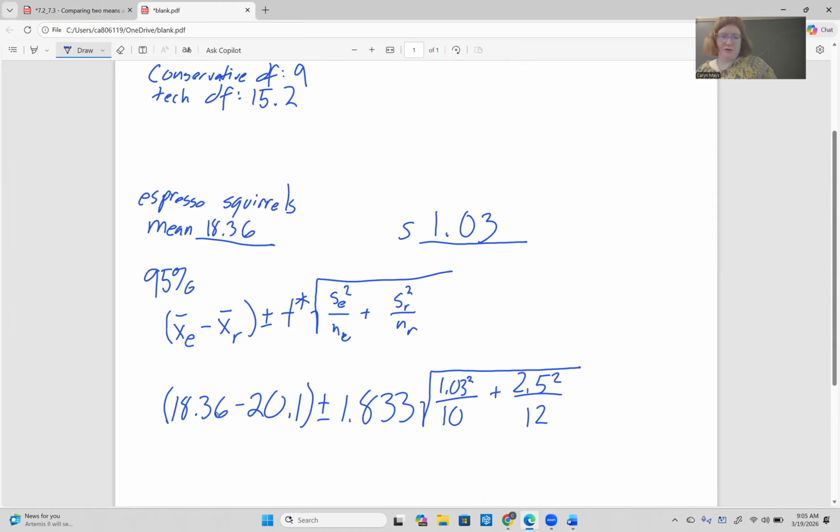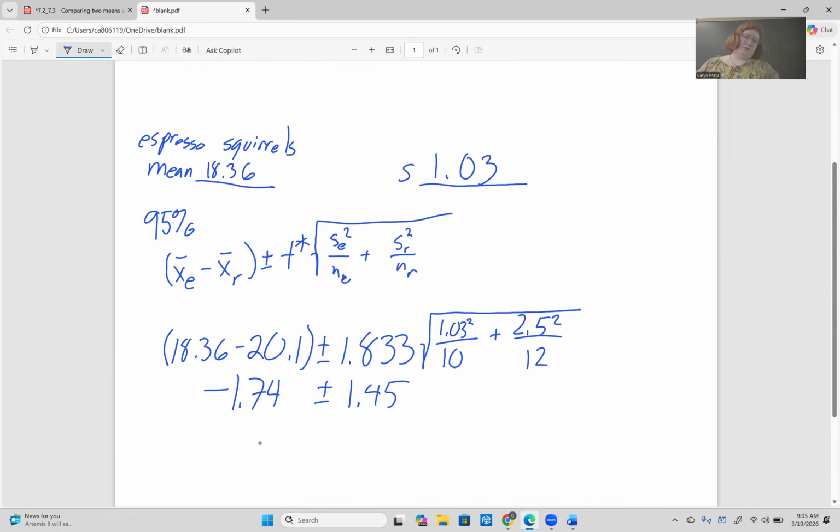And what do the two different things simplify down to, of blank plus or minus? Negative 1.74, plus or minus 1.45. All right.